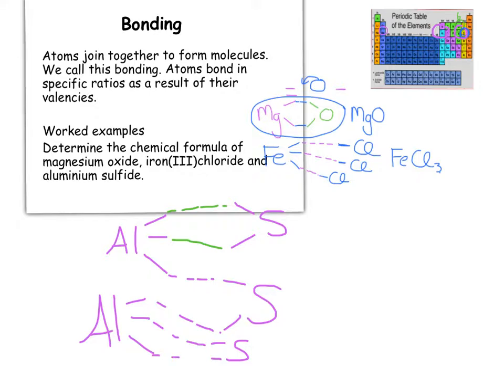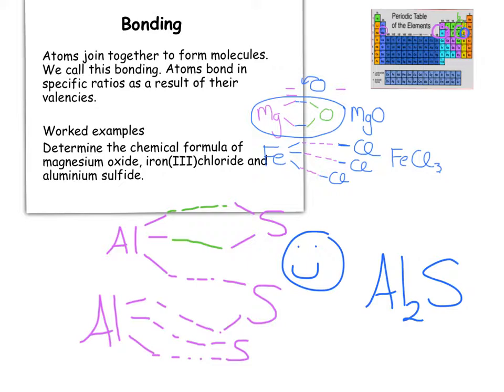Hold hands, hold hands. Is everybody happy now? Yes, everybody's happy. Yay. And we're going to write the formula Al, 1, 2, sulfur, 1, 2, 3, Al2S3. That is how you write the chemical formulae.